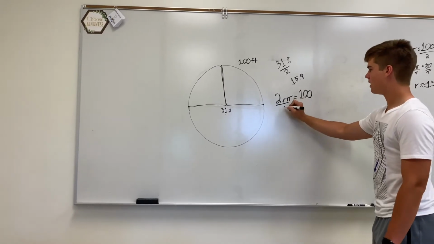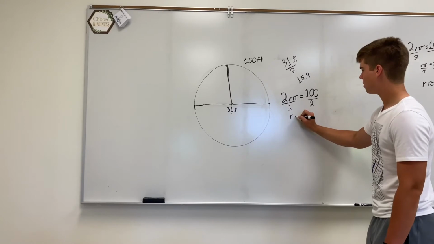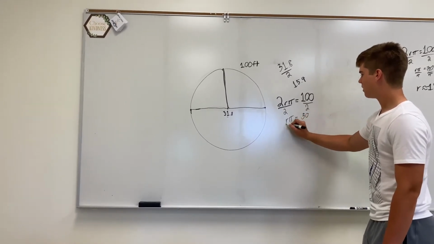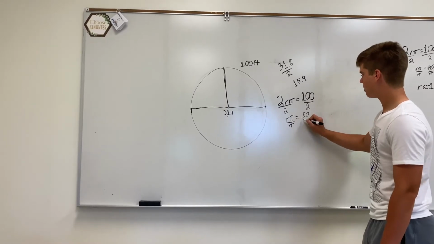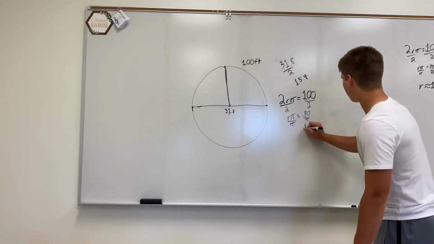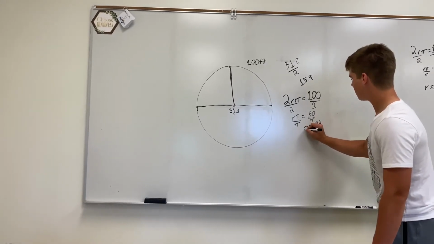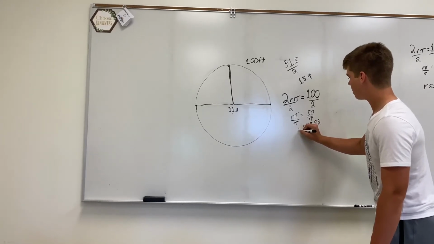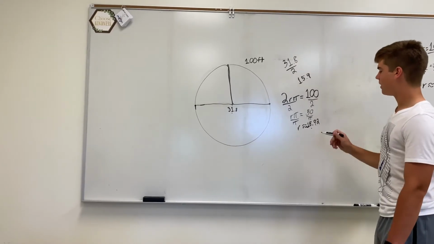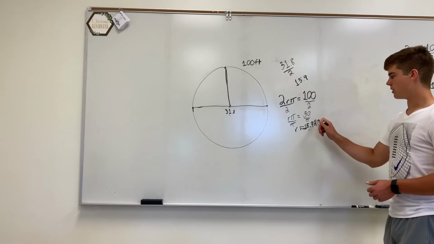So we want to divide by 2, and then divide by pi, and we get about 15.92, and that's not exactly half of 31.8, but since we're rounding numbers, the numbers aren't always going to be exact.